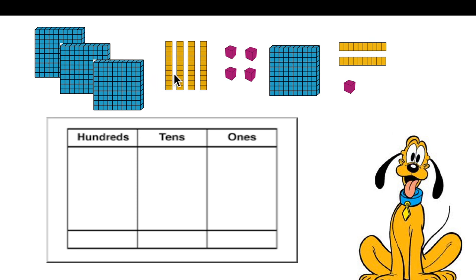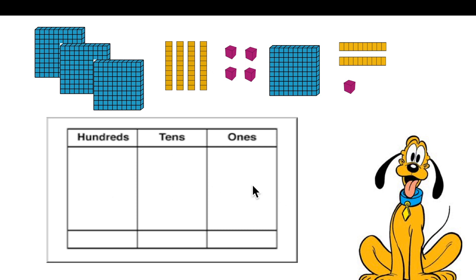And this is the place value chart. This place value chart will help us write the big numbers. Always start from the right side to the left side. Start with ones, then tens, and then hundreds.